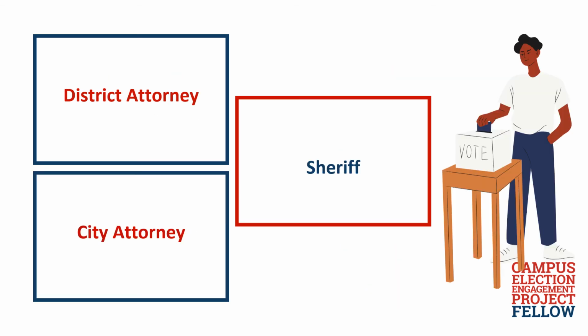We've got the ball rolling, so let's look at a few more positions. The district attorney, or the DA as you might know it, is the chief prosecutor for a local government area, usually a county. They have the authority to investigate and bring issues to trial, prosecute criminal offenses, and make sentencing recommendations.